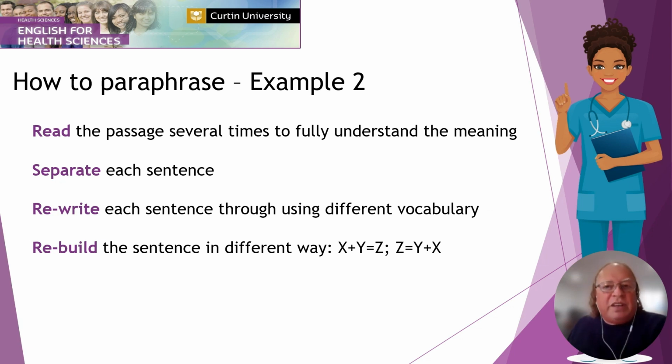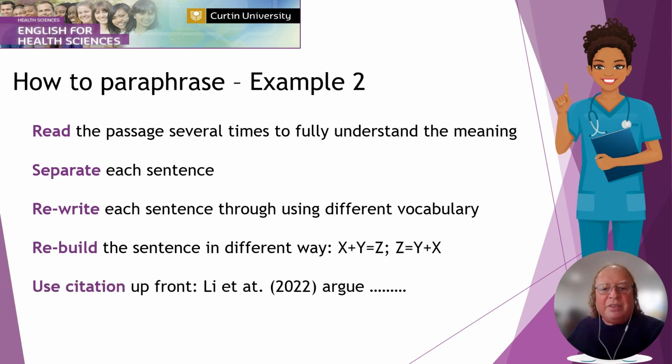So if the sentence structure is X plus Y equals Z, I can turn that sentence around and say, well, Z equals Y plus X, or Z equals X plus Y, or Z minus Y equals X, etc., etc. So we can rebuild our sentences.